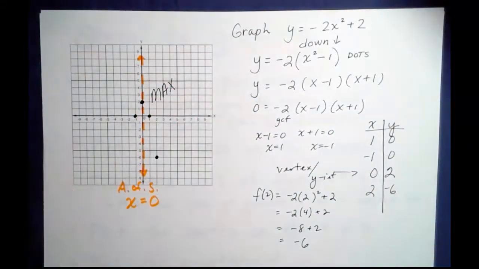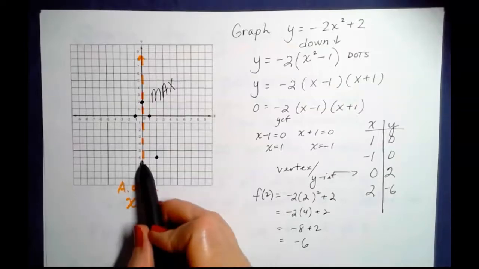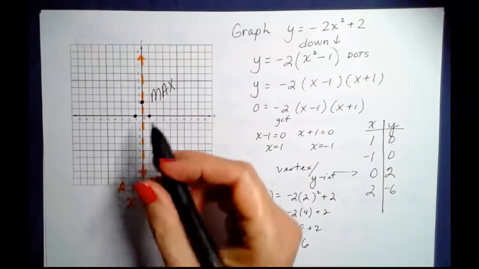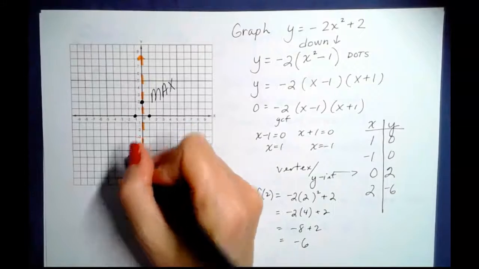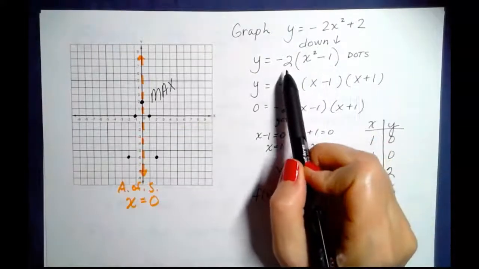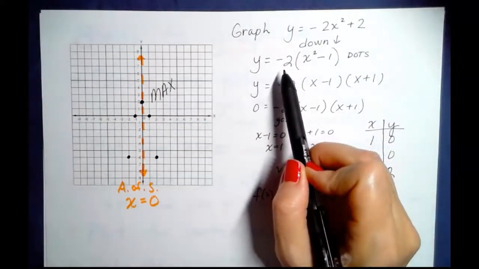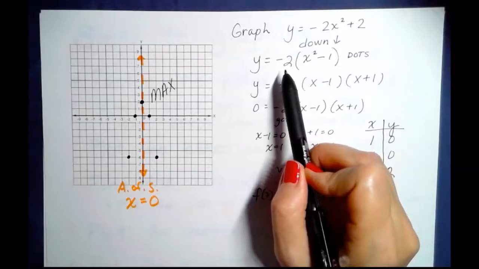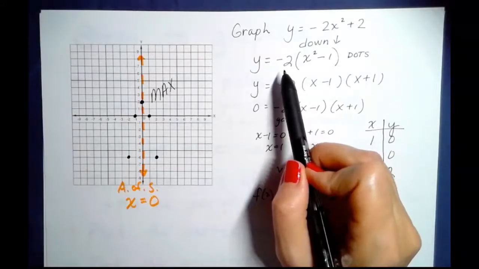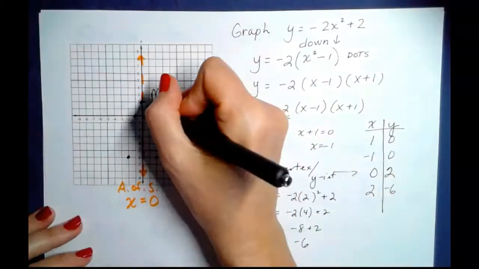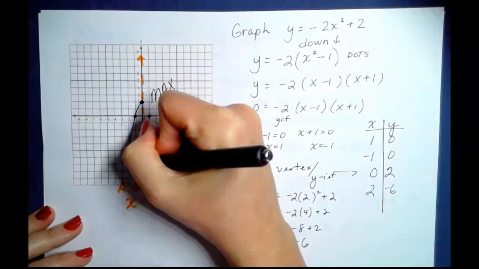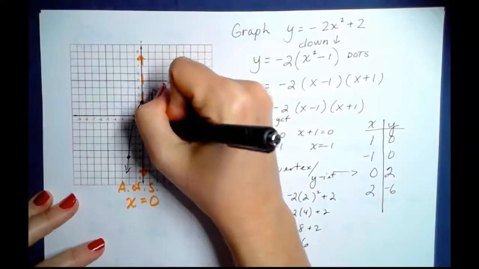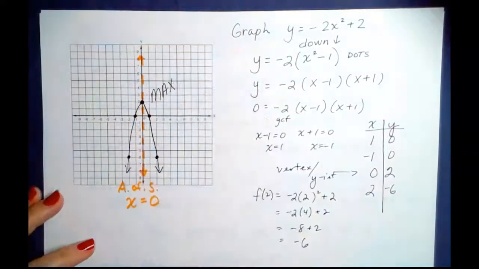Once again, because parabolas are symmetrical, if there's a point 2 units to the right, there's one 2 units to the left. Because our leading coefficient is negative, it goes down. But because our leading coefficient is negative 2, this parabola is much taller and skinnier than our previous parabolas.